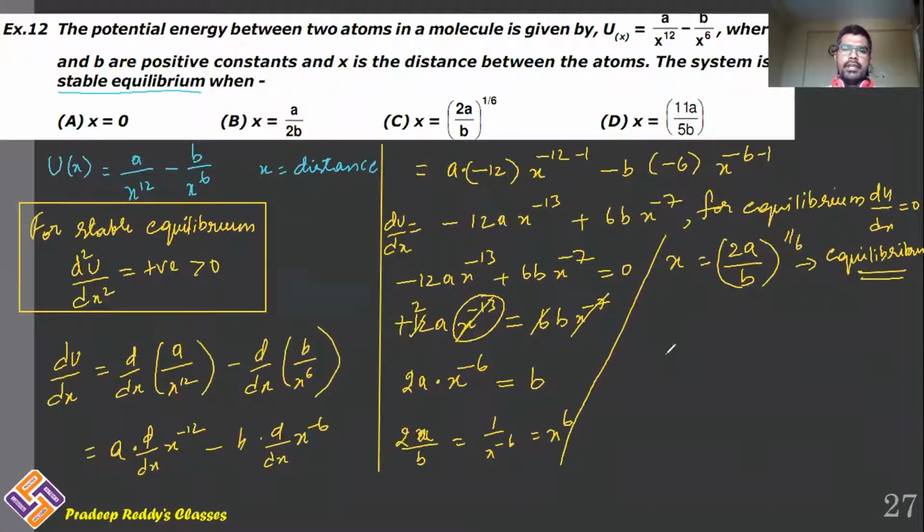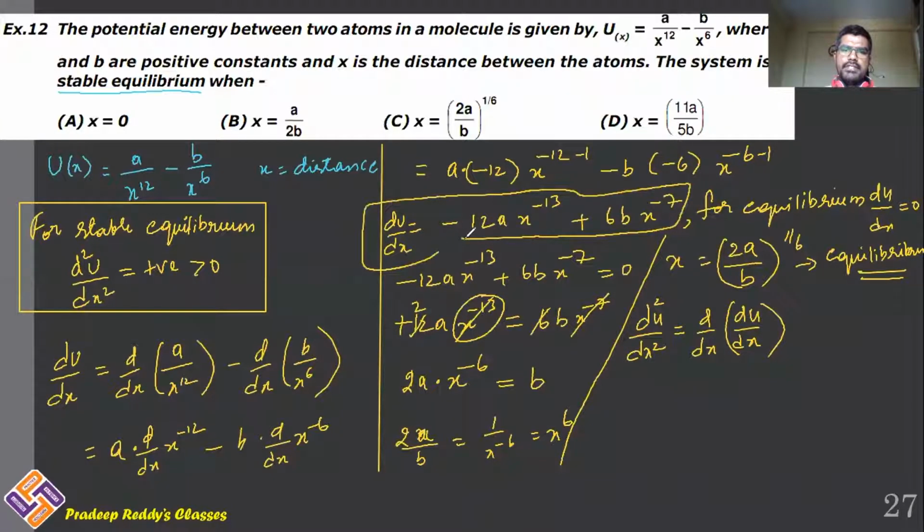So in order to verify whether it is stable equilibrium or not, what will you do? You will differentiate once again. D square u divided by dx square is equal to d by dx of du by dx. We have already got du by dx as this function, so I'll just use that here.